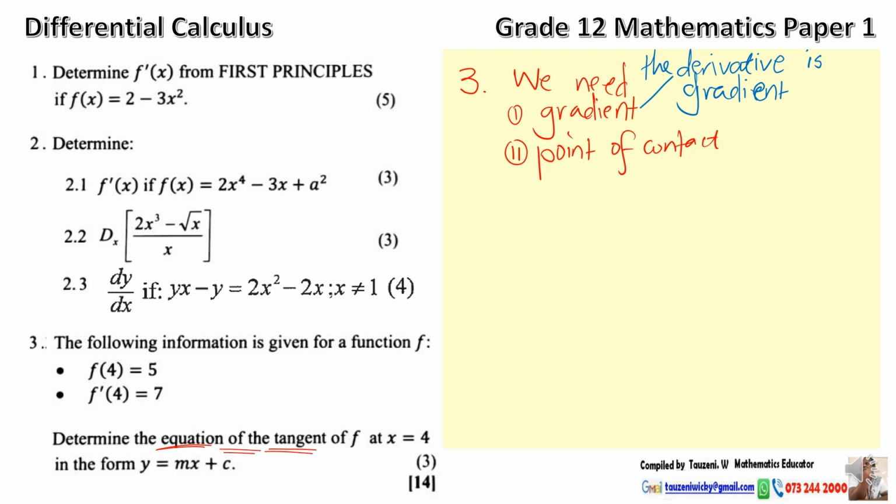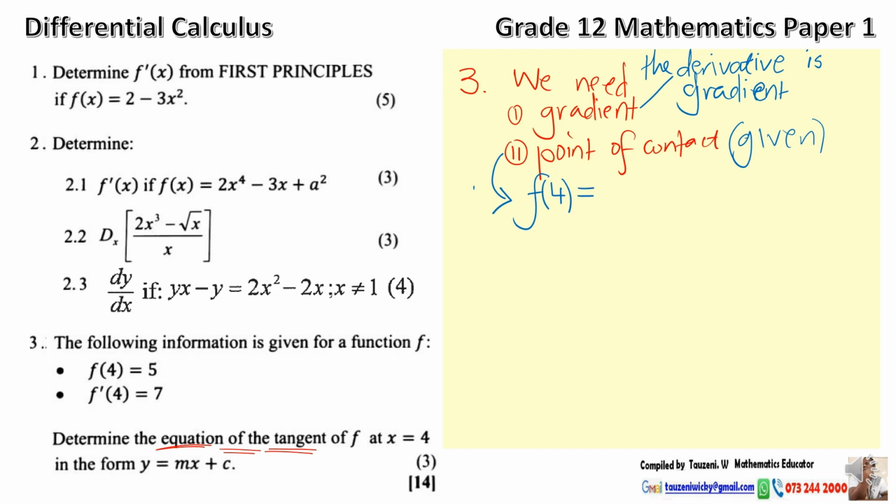In part 2, we need the point of contact. Normally this one is given, or they give you information that can help you find the point of contact. So let's look at what we are told here. From the information provided, we are told that f of 4 is equal to 5.